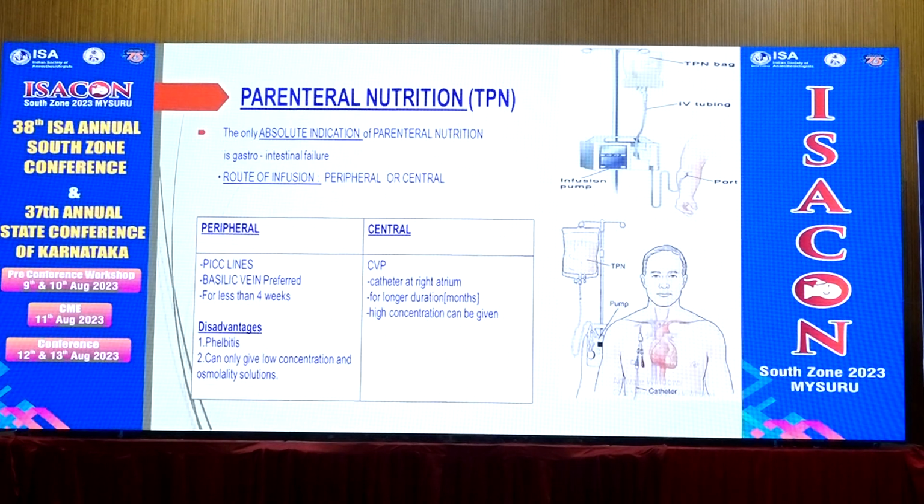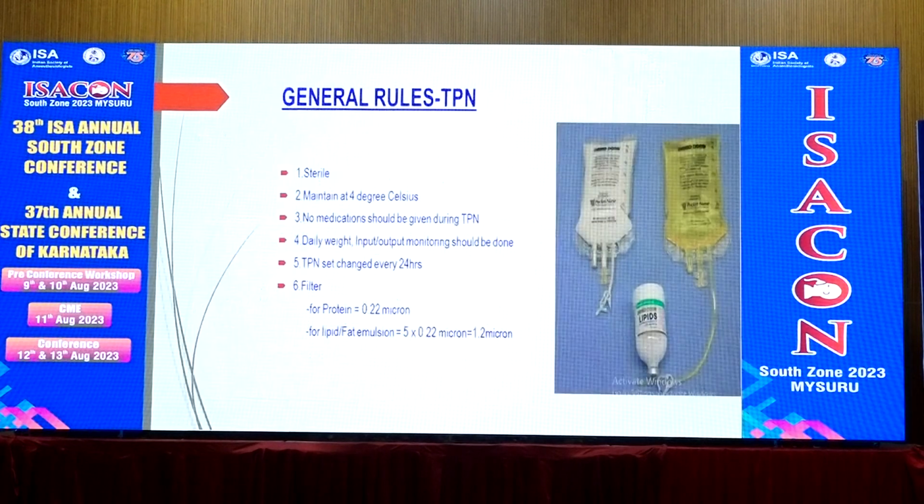Disadvantages are phlebitis, and only low concentration or low osmolality solutions can be given. So central parenteral nutrition, through a CVP central vein line, is preferred. The catheter end will be placed just above the right atrium. For longer durations like months, we can use central nutrition, and high concentrations can be given by this route.